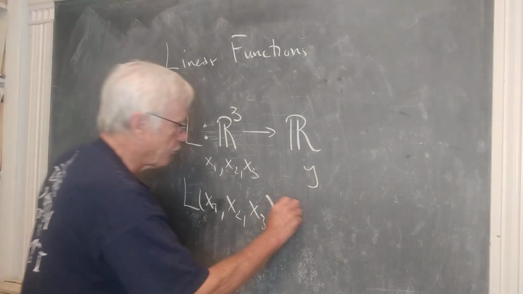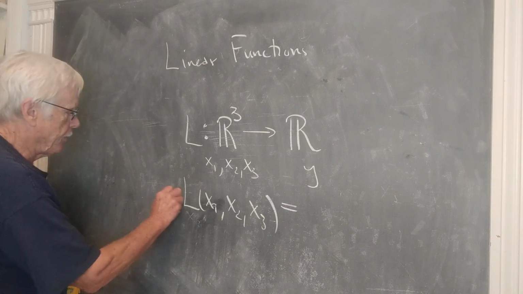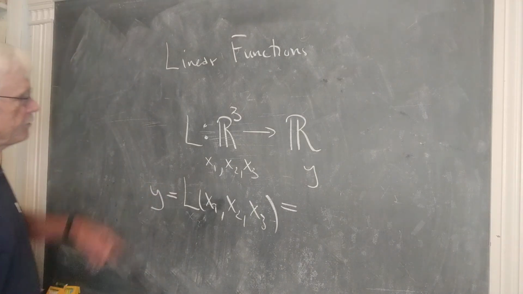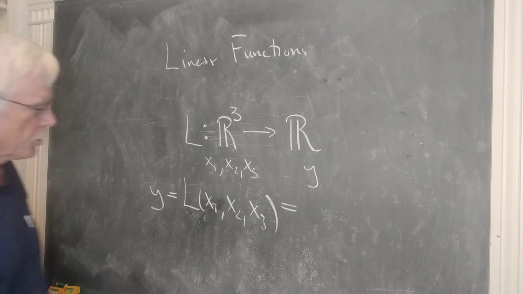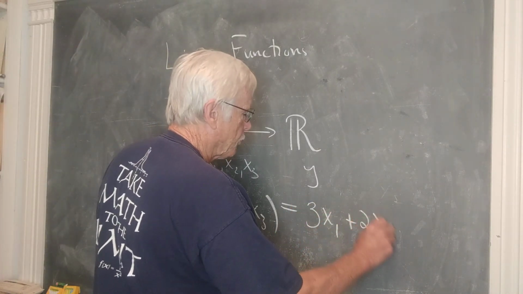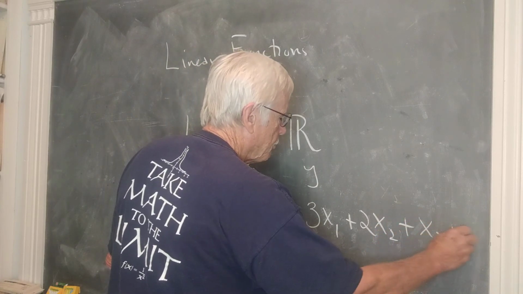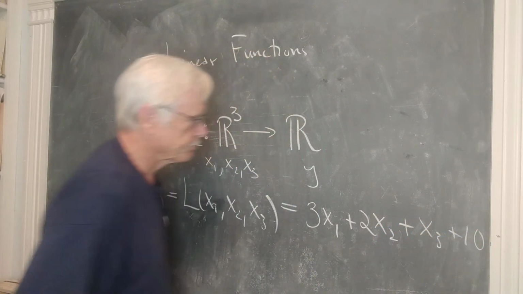L of this will be some formula involving x1, x2, x3, and eventually this will be equal to y. That's how functional notation works. So this could be 3x1 plus 2x2, let's add plus x3 plus 10.